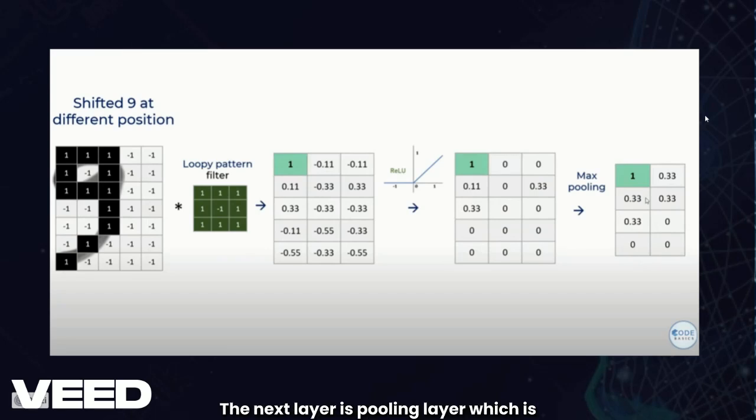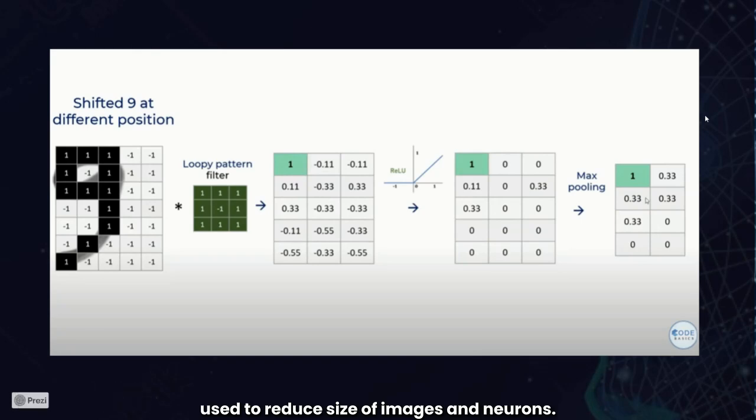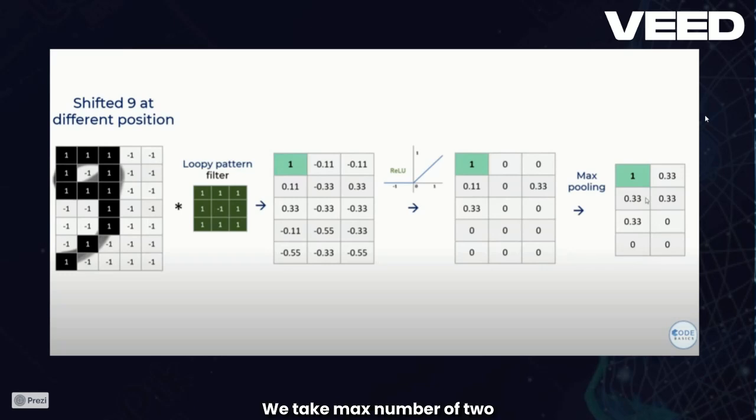The next layer is the pooling layer, which is used to reduce the size of images and neurons. We take the max number of 2 by 2 matrices of the feature map. Then the last step is the flattening layer. Here the numbers are flattened to find the output based on the calculations.